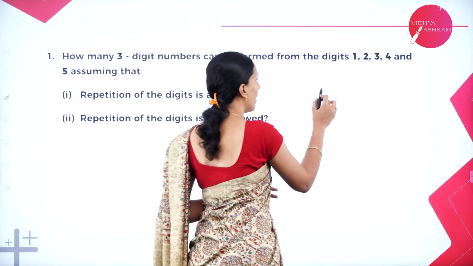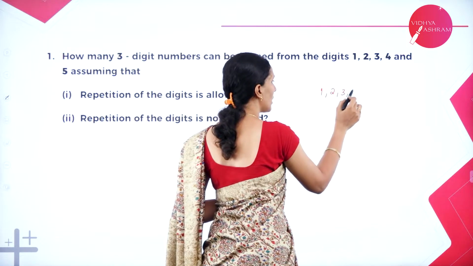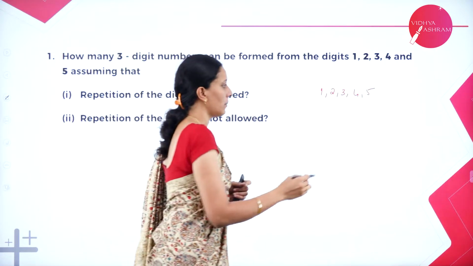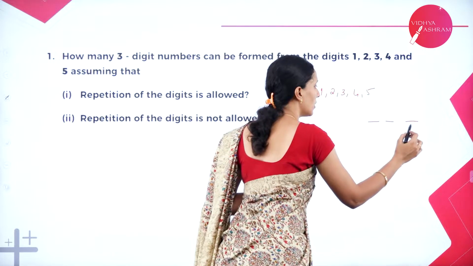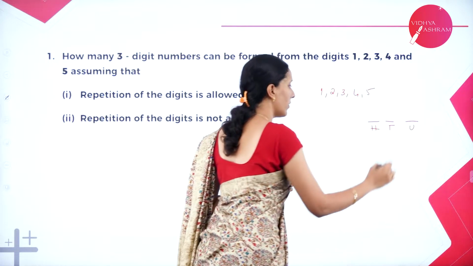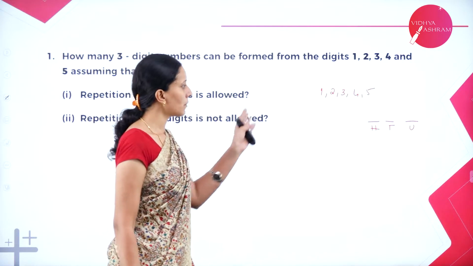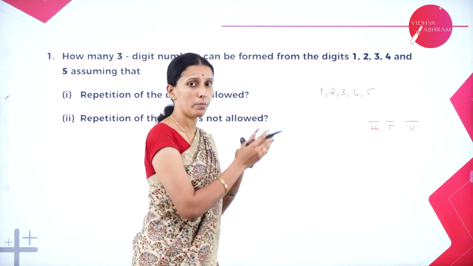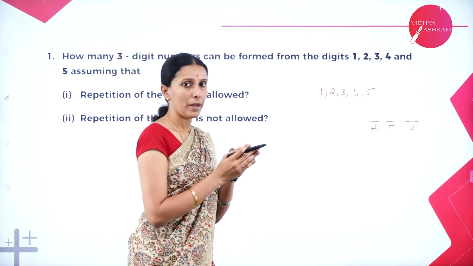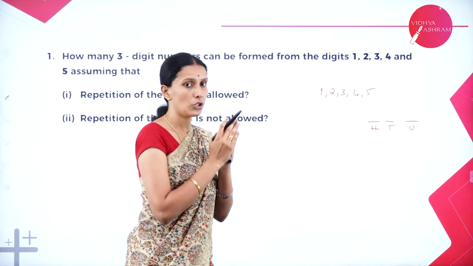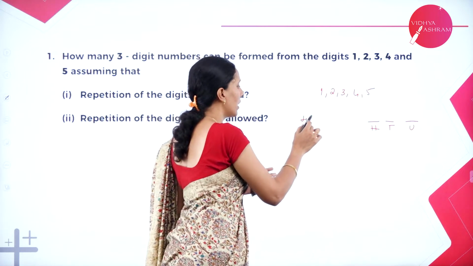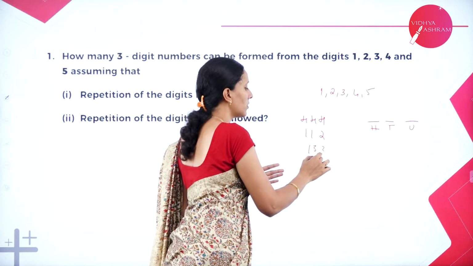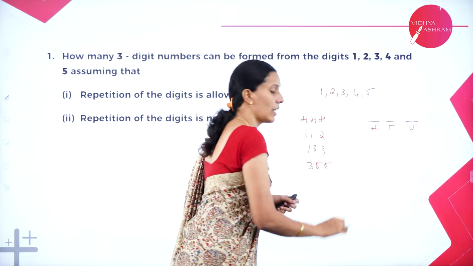Now here we have the numbers 1, 2, 3, 4, 5. We are supposed to frame a 3-digit number with units place, tens place, hundreds place. How many numbers we can form, we don't know before going to the condition. We may have 2 conditions. One is repetition of the digits. We arrive at numbers of the form 441, 112, 133, 355, like this.